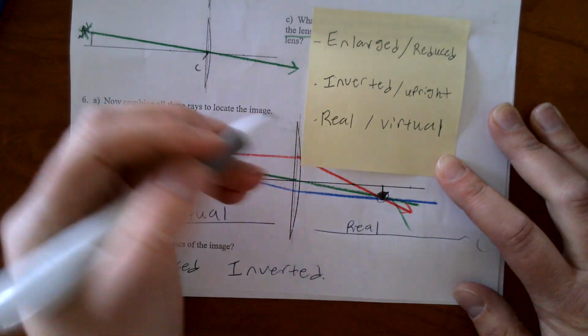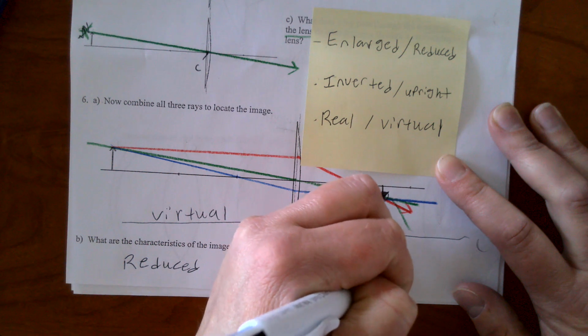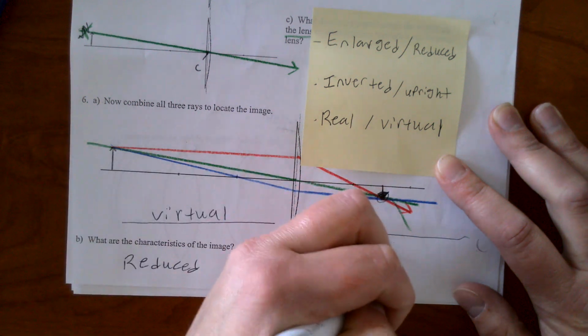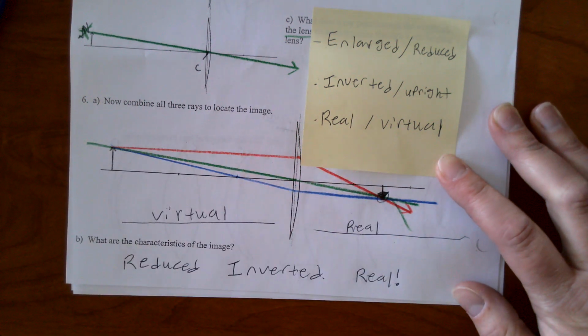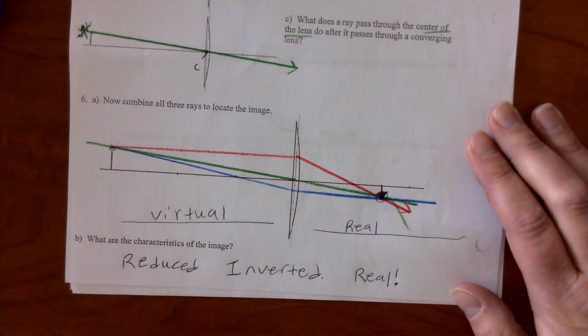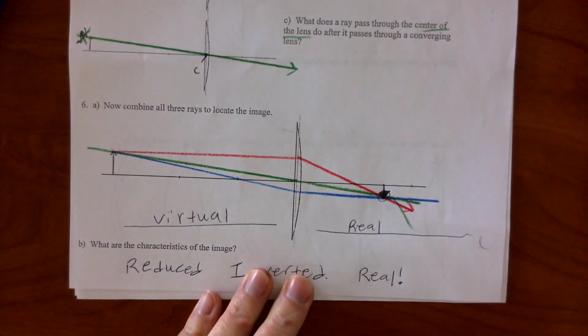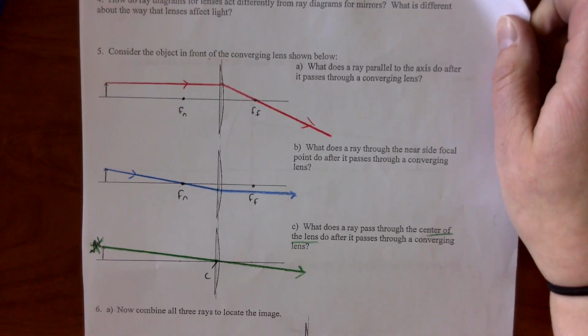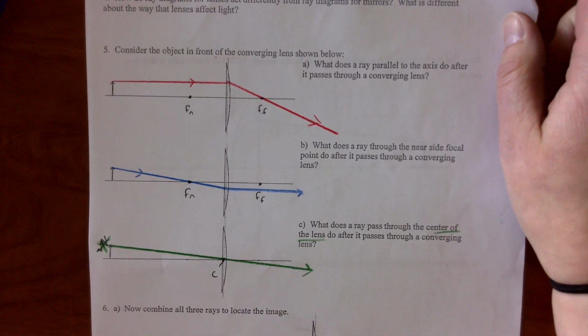So in this case, with a lens, this is a real image. Real. Okay? So that's our converging lenses.